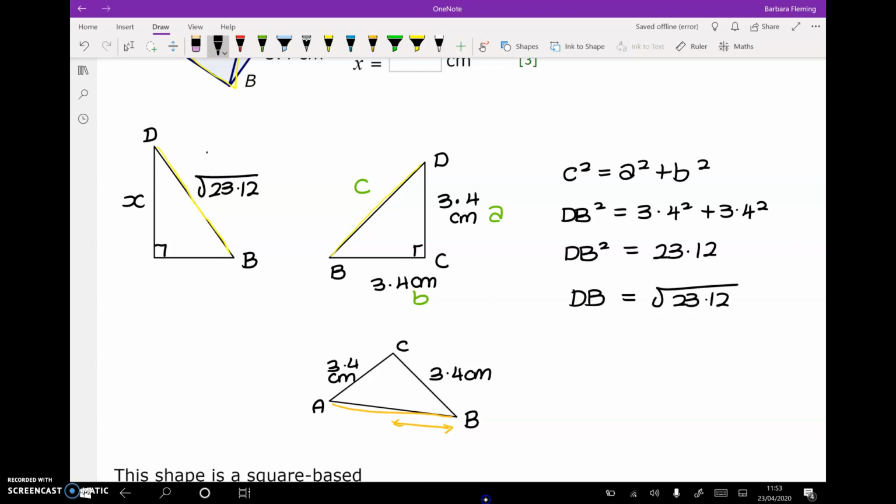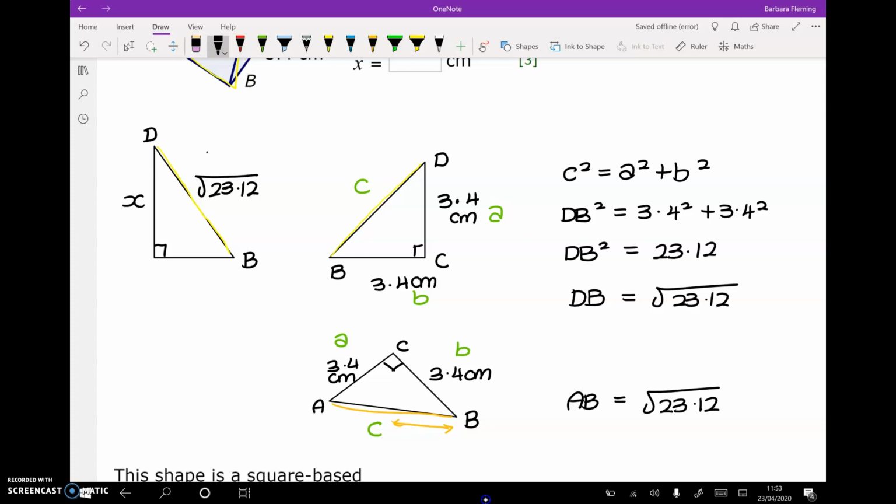What you might notice is that you've actually already done the sum for this, which is really handy. We are finding our hypotenuse once again. And our A and B are the exact same as what we've just done above. So our line A to B, this orange line, you could go through the whole thing, but you're going to do the exact same sum as above, 3.4 squared plus 3.4 squared, which is going to give you 23.12, and then you square root that. So AB is going to be the square root of 23.12.